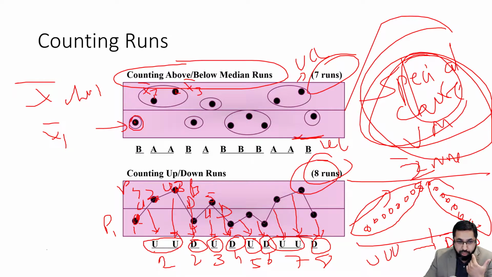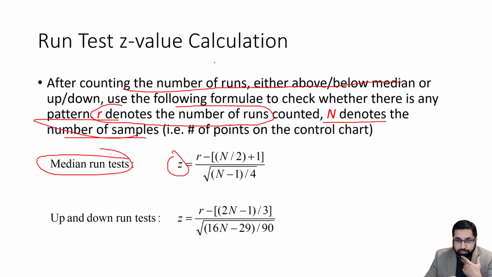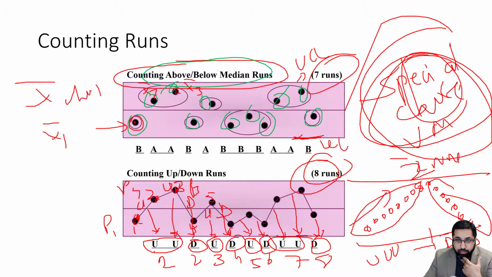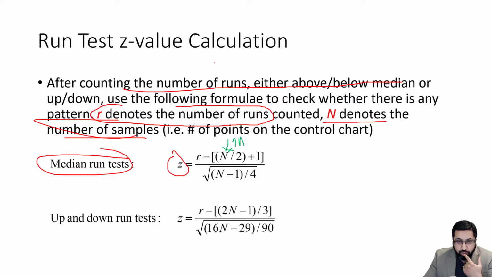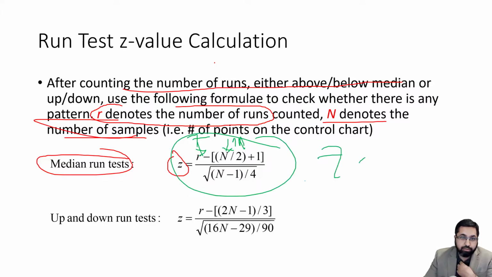So here you can count that. How many points do we have? So let's change our color. Okay, so we have 1, 2, 3, 4, 5, 6, 7, 8, 9, 10, 11. So our N is 11 here. So you'll plug N equals 11, and for the above below median runs, we had 7 runs. So you'll plug 11 for N and 7 for R, and you'll solve this and see what Z you get.